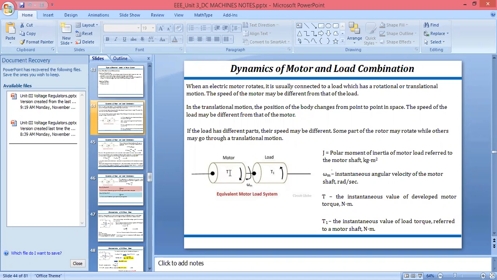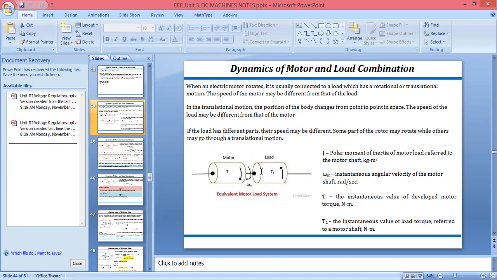And we know we can connect a load to the motor, so when the motor rotates, the load will also start to rotate. The speed of the motor can be different from or the same as the speed of the load, because it depends on the weight of the load. If it has low weight, it will start easily, so it will have a higher speed. So the load will also start to rotate, and the speed of the motor may be different from the speed of the load.